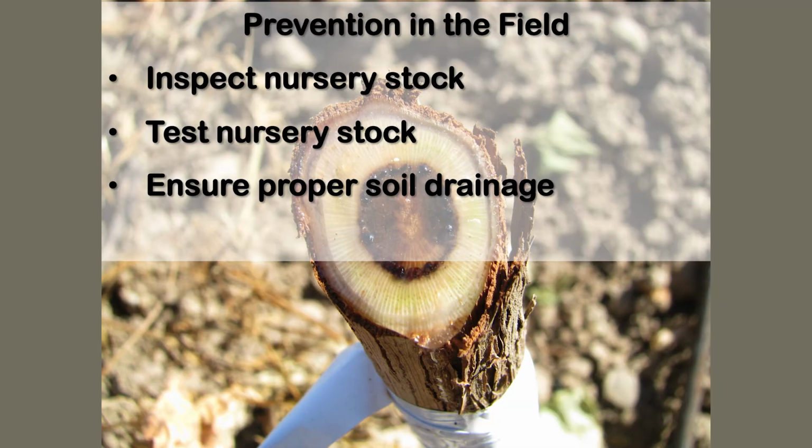And then I mentioned also ensuring proper soil drainage, because this year, since we had record rains this past winter, I saw a lot of blackleg in mature vineyards and in young vineyards, and certainly the combination of the presence of the pathogen and poor soil drainage together can lead to disease expression.